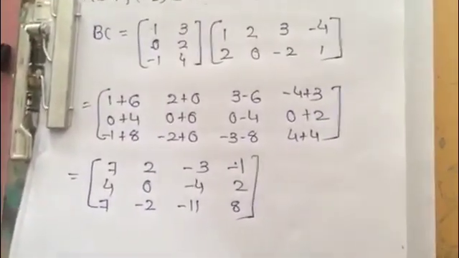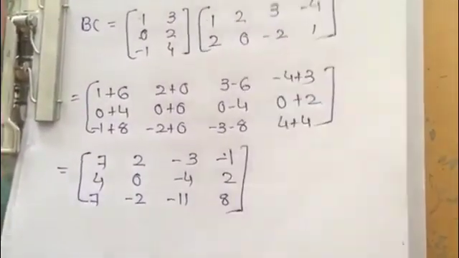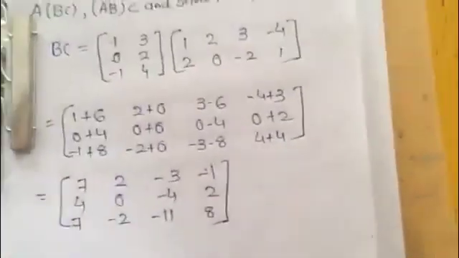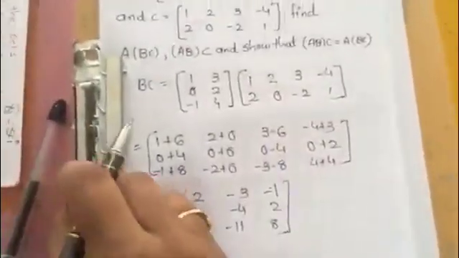Okay, now let's multiply this with A. Let's write on the back side.